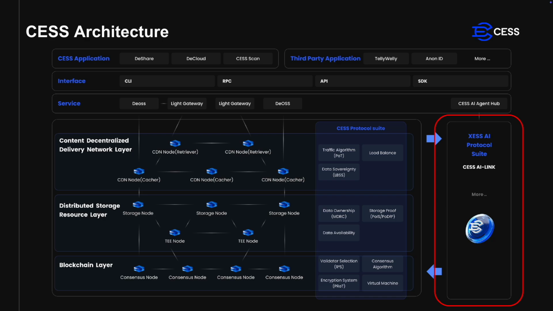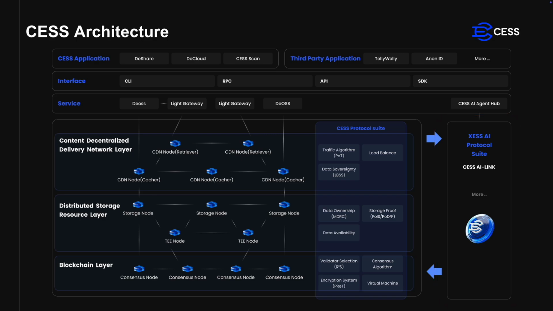CESS AI Link utilizes smart contracts to delegate computational tasks to various nodes, ensuring optimal resource utilization while preserving data sovereignty. This suite enhances the network's AI capabilities, supporting complex AI applications and facilitating industry-wide collaboration without compromising data privacy.